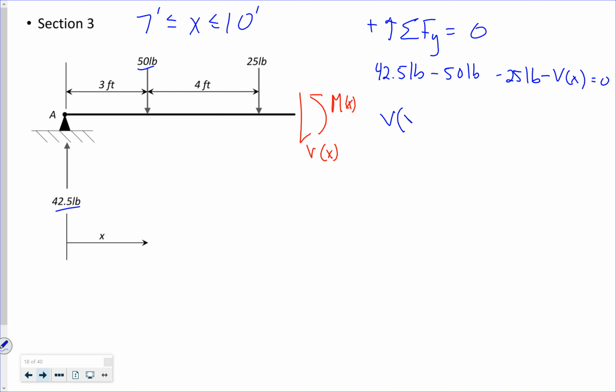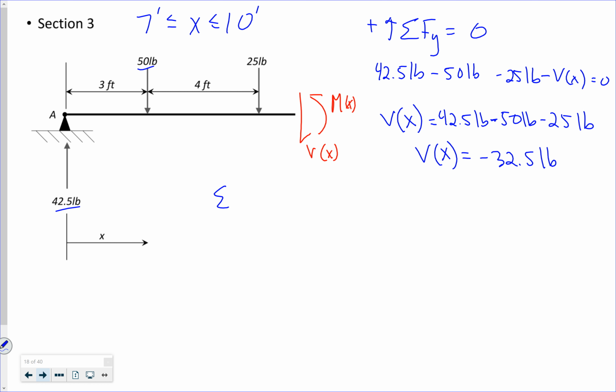So if I solve for shear, I get 42.5 pounds minus 50 pounds minus 25 pounds. And again, I get a constant value, which is equal to negative 32.5 pounds. That value might look familiar. We're going to do a little summary check, see why that value is significant.